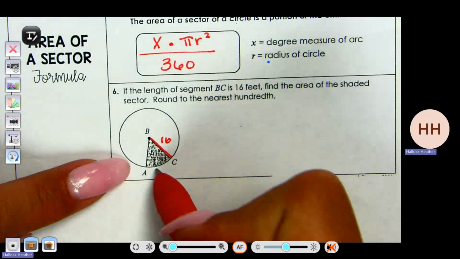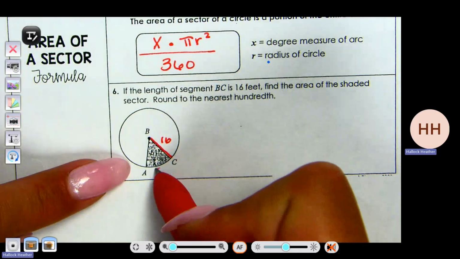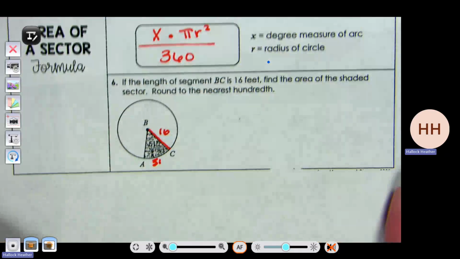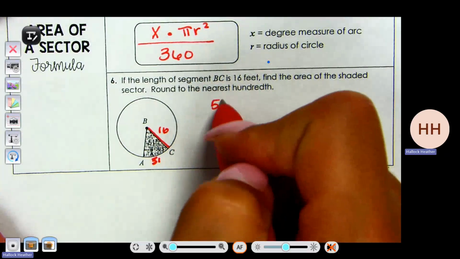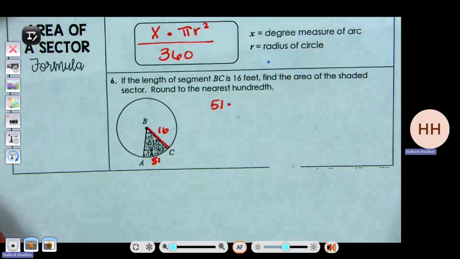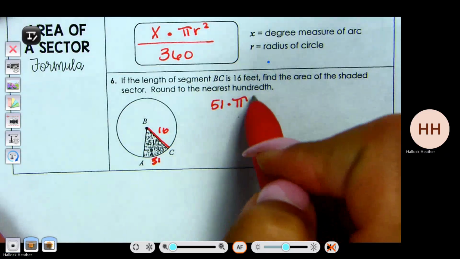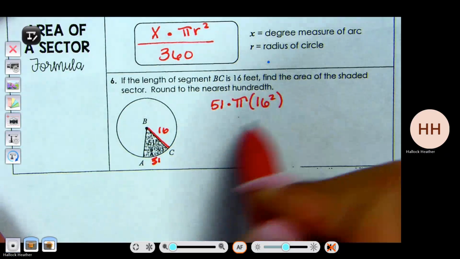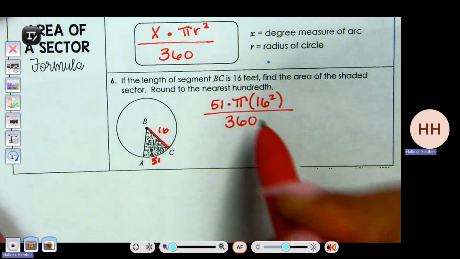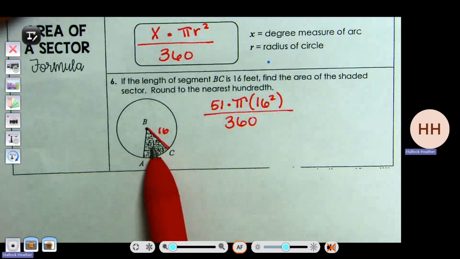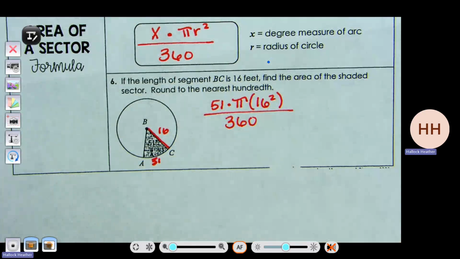Okay, so I'm sorry you can't really see it, but remember the central angle is the same as the arc, so I'm just gonna put 51 just in case you can't see it. So we're gonna take the arc or the angle, we're gonna do 51. We're gonna times it by pi r squared. It's in the picture. You just can't see it. If you squint your eyeballs, there's a 51 right there. So that's what I mean, like the pictures are really awful.